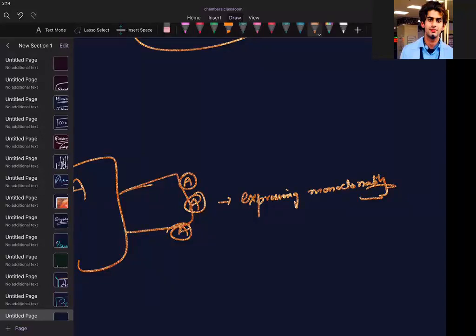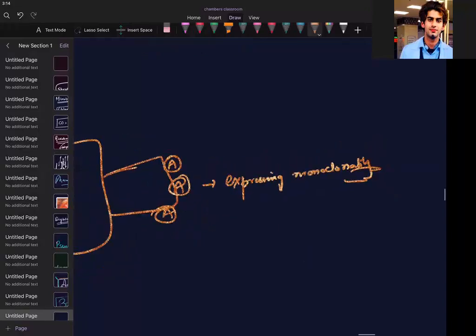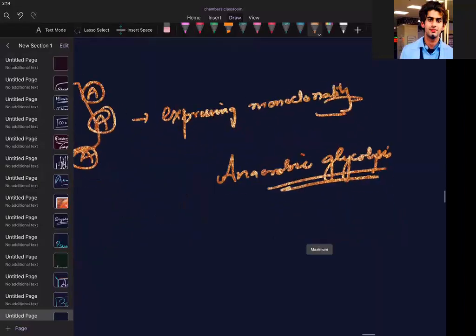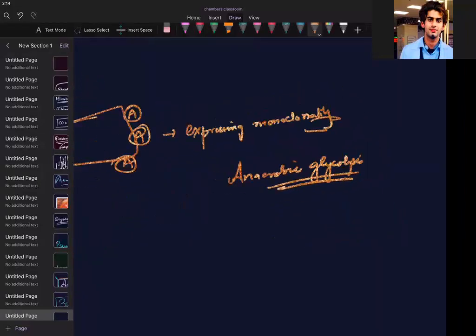So in biochemical processes happening in a malignant cell, they are mostly doing everything on anaerobic glycolysis. Whatever energy they get, they are relying on this. Anaerobic glycolysis will produce lactic acid as the product.